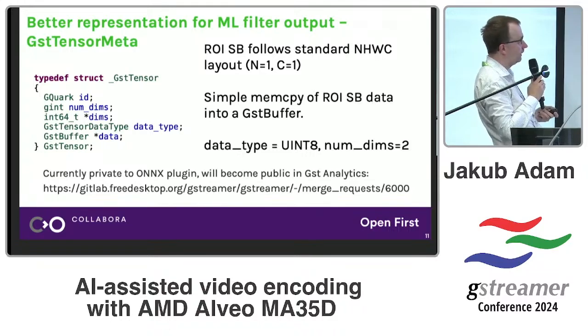And then, instead of all the work with the analytics meta, you could attach the tensor meta, which would entail just copying the tensor data from the hardware to a GstBuffer, and setting some data type which is unsigned byte, and the number of dimensions is 2, and this array would contain the dimensions of the output data.